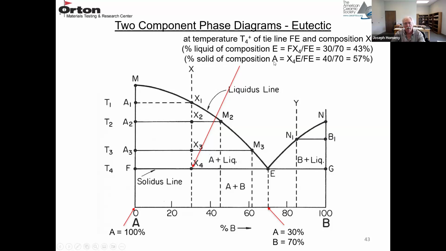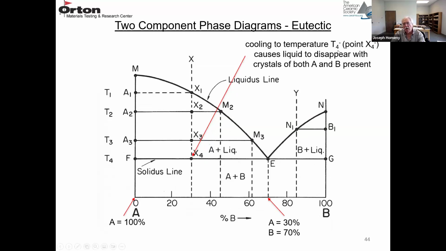And then the percent of composition A, the solid phase, is X4E divided by FE. This is 40. And then the total tie line is 70. So 40 over 70 equals 57%. So now we have just above X4, 57% of crystalline A, 43% liquid of this composition, 30% A and 70% B.